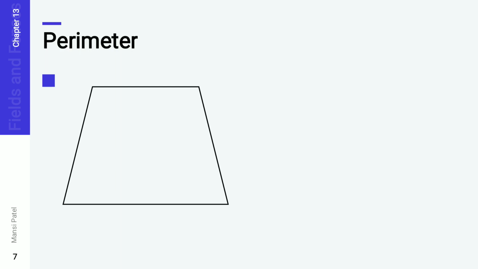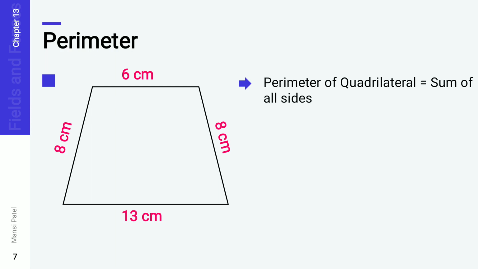So in this again, which formula do we have to use? See here, first of all I am giving the measurements to you: 6 centimeter, 8 centimeter, 13 centimeter and 8 centimeter. Now here you have to write down the formula that perimeter of quadrilateral is equal to sum of all the sides. This is the common formula for all the shapes except square and rectangle.